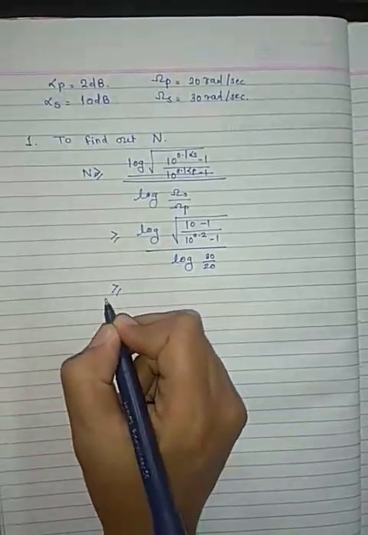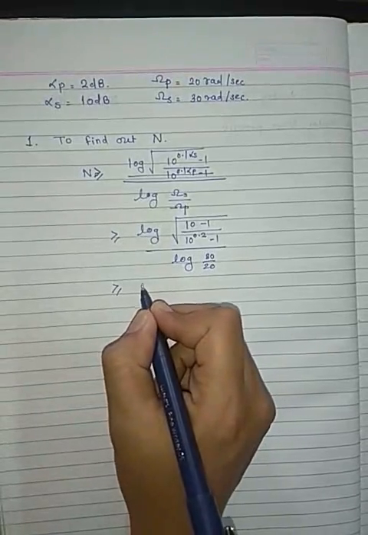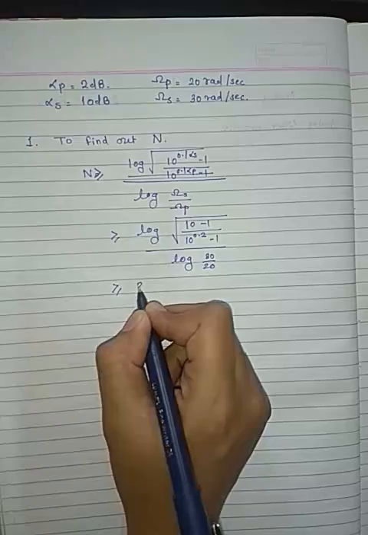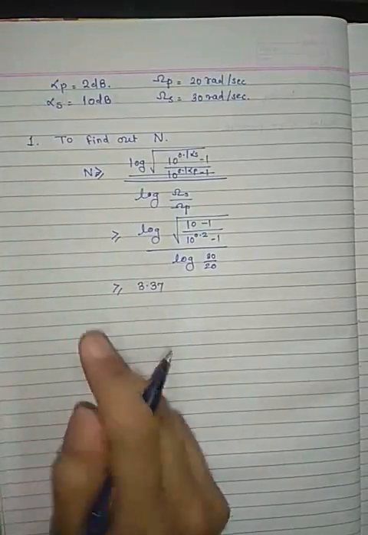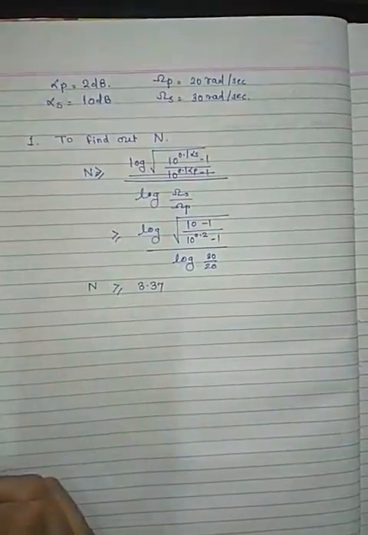After solving this, N should be greater than or equal to 3.37. Okay, so we now have the value of N.